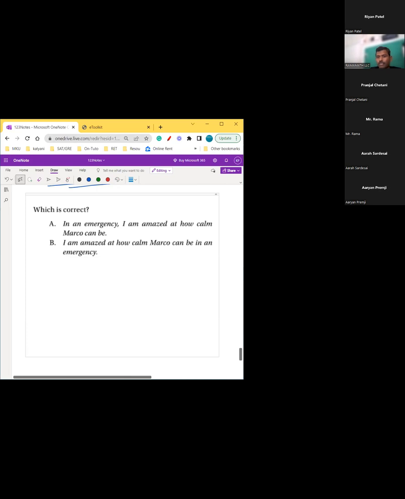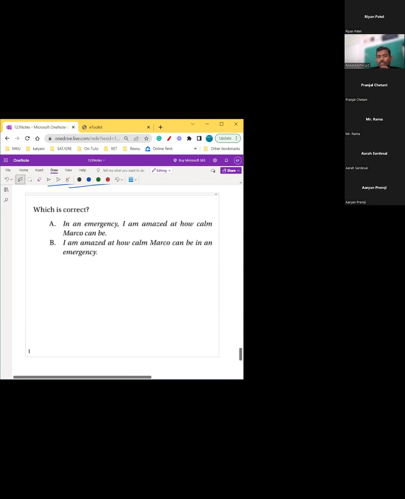Since it modifies the second verb rather than the first one, sentence B makes more sense: I am amazed at how calm Marco can be in an emergency.